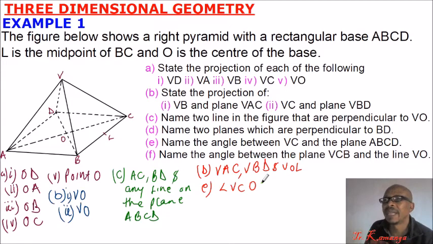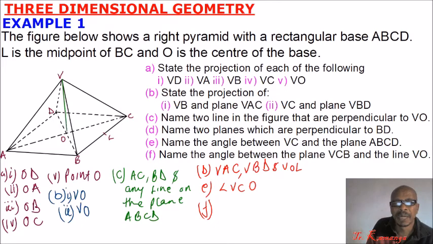Let's go to part F. Name the angle between the plane VCB and VO. Where is our VCB? This is the plane VCB and VO. So this is like the angle between line VO and the plane. What is the projection of VO on the plane VBC?